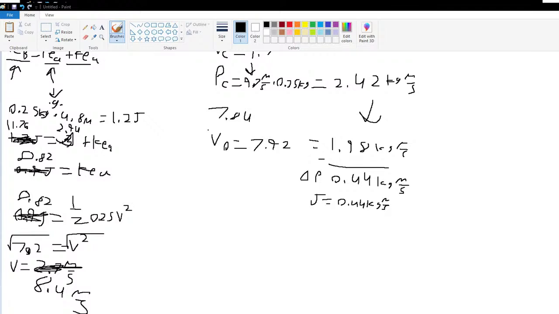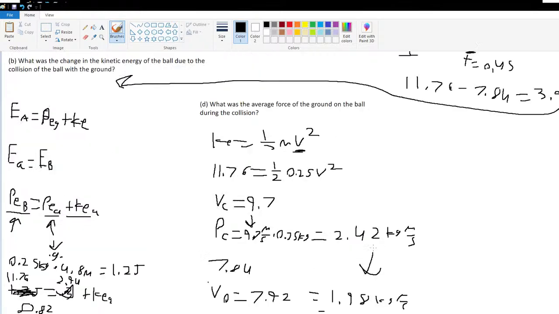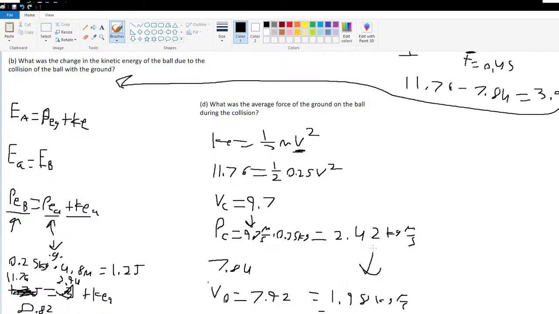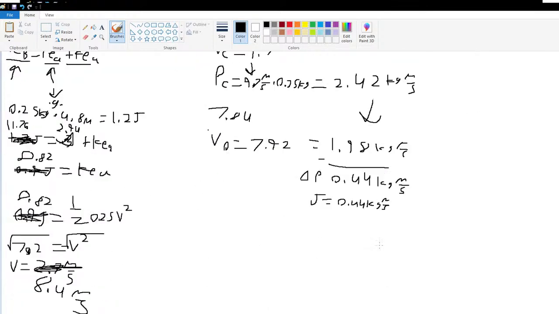Alright, I actually have no idea what I did wrong here. The answer is supposed to be 4.4 kilograms times meter per second. Yeah, I might do this out one real quick, actually. I probably just missed a zero somewhere, because that's the right number, it's just off by a factor of 10.